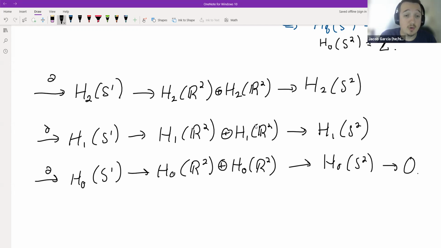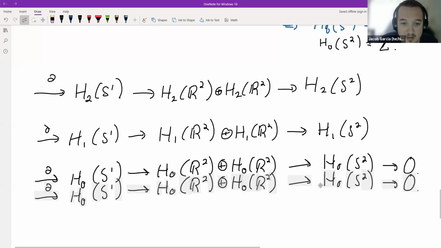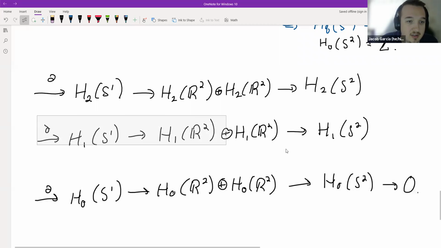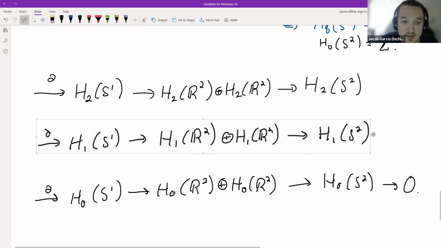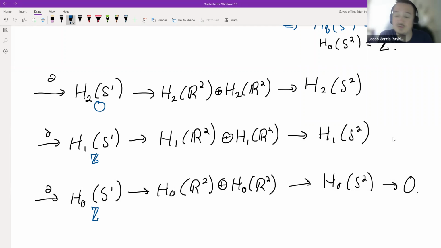Okay, let me give a little more space between these lines. I'll try to write in between. Again, we're going to fill in the stuff that we know. So we know that this is 0, this is Z, and this is Z, just filling in the information from the homology groups of the circle.